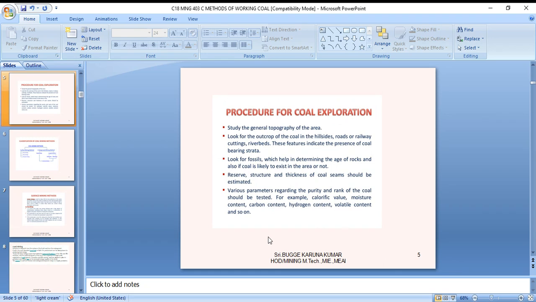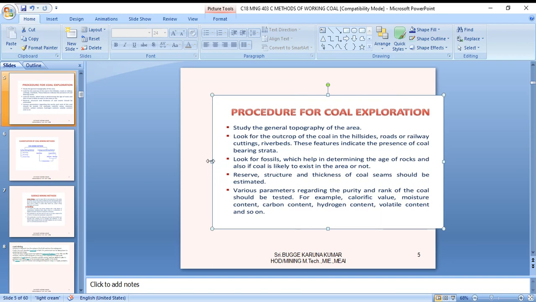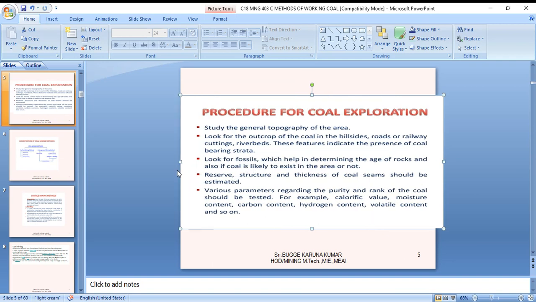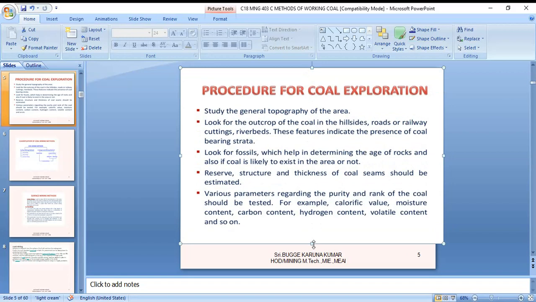Procedure for coal exploration: study the general topography of the area. Look for outcrops of coal in hillsides, roads, railway cuttings and riverbeds.